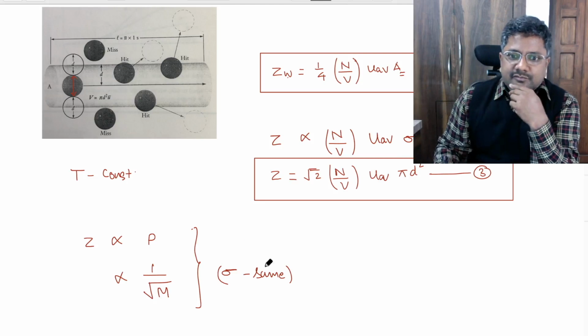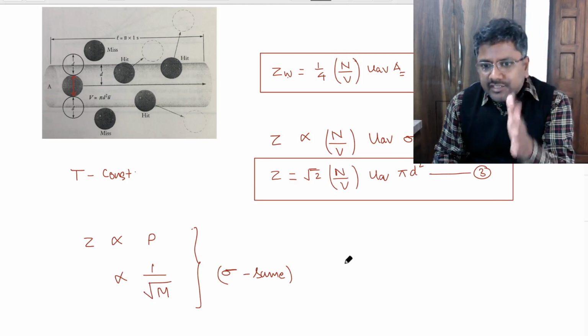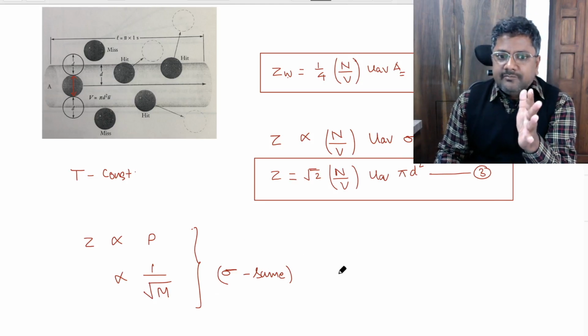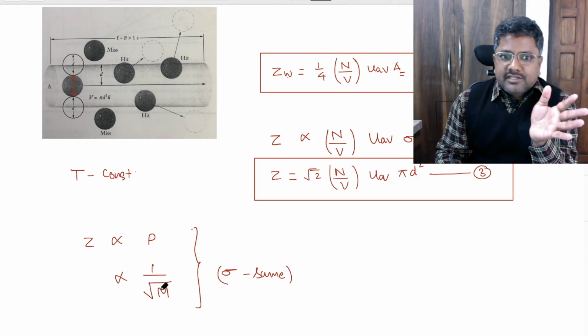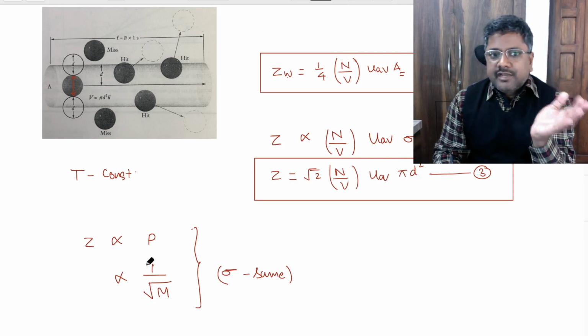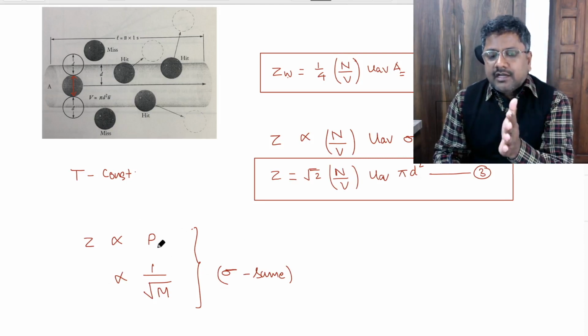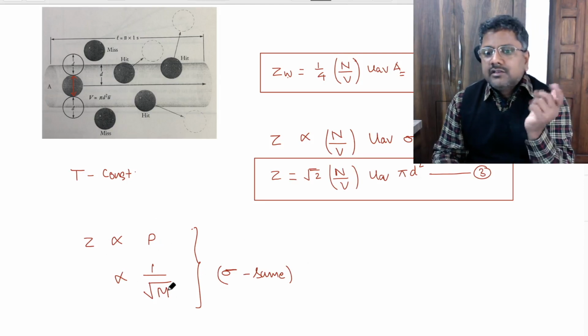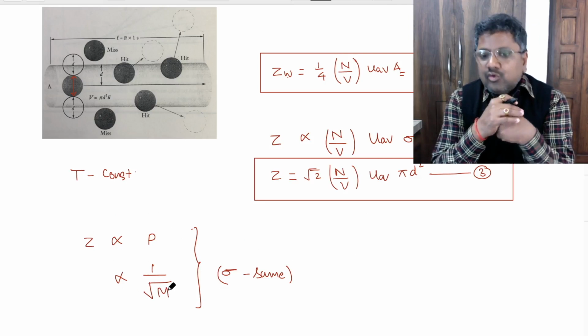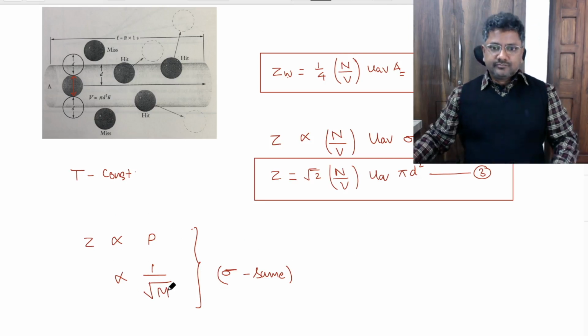So if the collision cross section for two molecules is the same, then we can generalize that collision frequency will directly increase with pressure and decrease with molar mass, right?